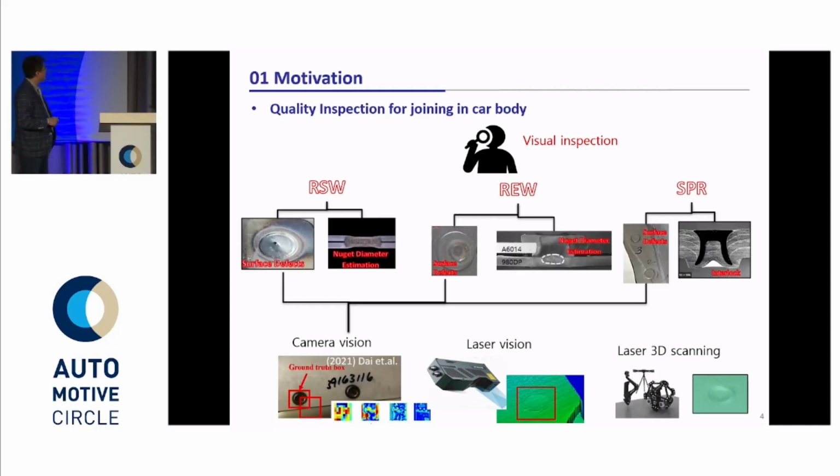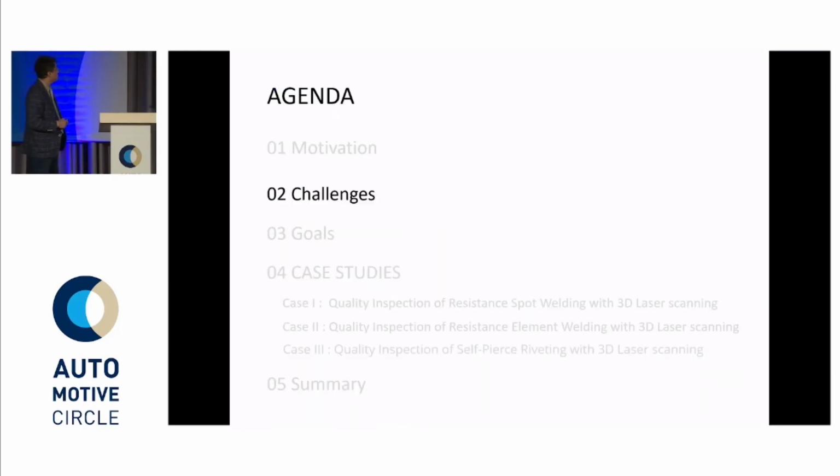In the case of camera vision, it can only analyze the surface defects for the resistance spot welding, element welding and also self-pierce riveting. For the internal quality measurement, you need more sophisticated and very delicate measurement of the surface geometry, which requires the level of laser vision and laser 3D scanning technologies.